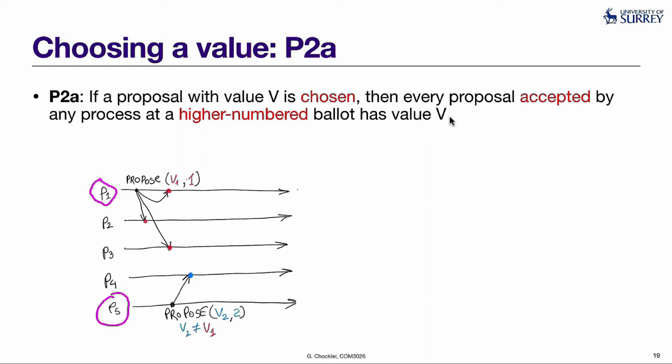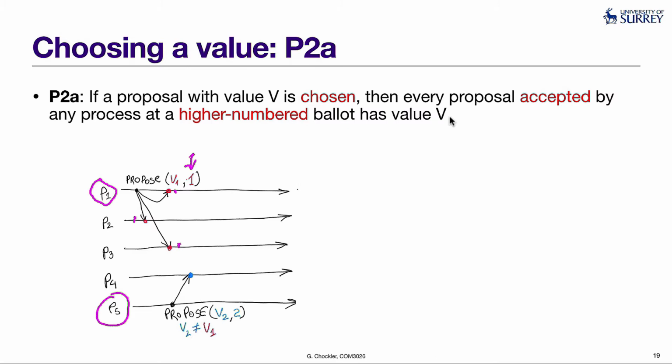Here notice that we already have these ballot numbers. 1 is the ballot number used by P1. So now we have the red value accepted by 3 processes, so they must do this due to the property P1.